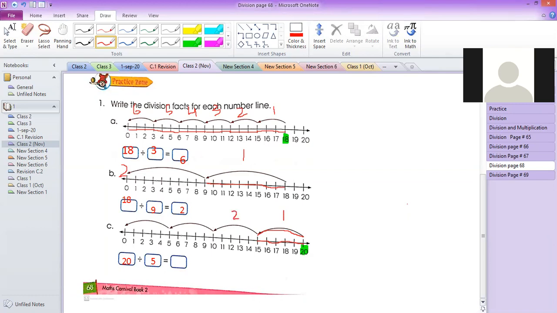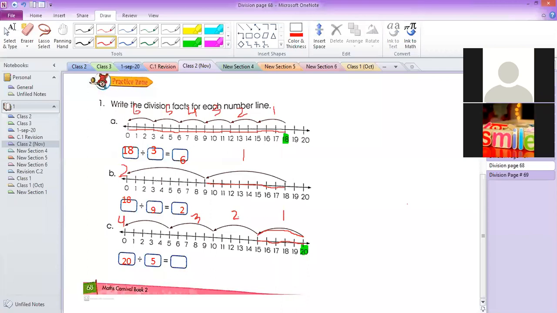Again: 1, 2, 3, 4, and 5. This is 3. Again: 1, 2, 3, 4, and 5. Now this is 4. So you took 4 steps from 20 to reach 0 when you count back in fives. So 20 divided by 5 equals 4. You are going to write here 4.